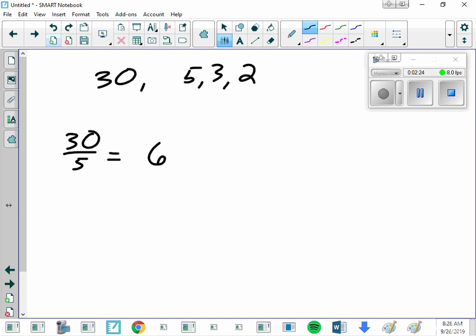Okay? So let's say we do that again. 28. And let's pretend you don't know what goes into 28, but I tell you that 2 is a factor of 28. How do I make this problem easier? 28 divided by 2 is 14, and you say, oh, I know what the factors of 14 are. They're 2 and 7.